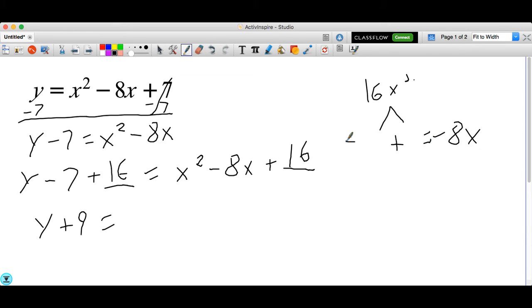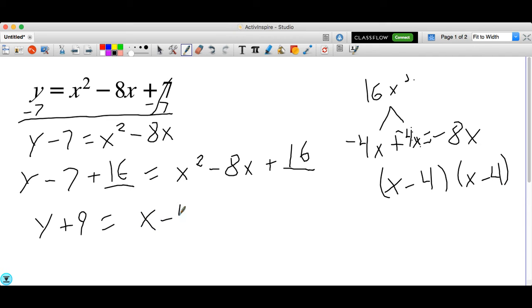That's going to be negative 4x and negative 4x. Now, we know our shortcut is that this is going to factor into x minus 4 and x minus 4, which when we write it down on the right-hand side is x minus 4 quantity squared.